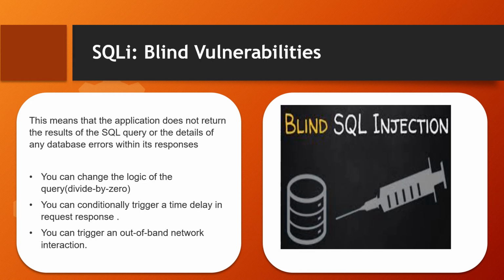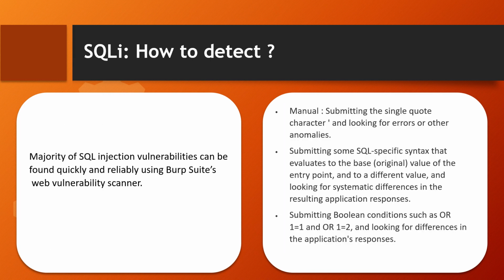In the meantime, they try to find out information about your servers. Then they try to trigger out-of-band network interaction, meaning they can make requests from different domain names and try to find out information related to your domains. These are the blind vulnerabilities.